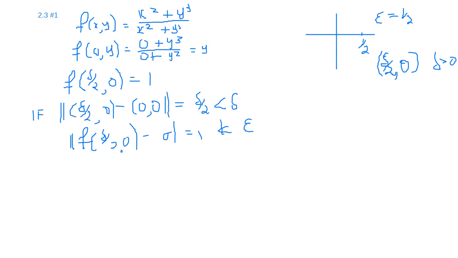For every delta, the point with coordinates 0, delta over 2, is such that the distance between that point and 0, 0 is less than delta, but the difference between the function value at that point and 1 is 1, which is greater than a half. So there's no delta that will work for this particular epsilon if you choose your epsilon equal to a half again. Okay, I hope that helps you.